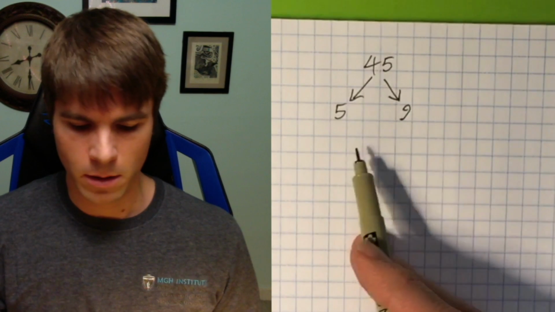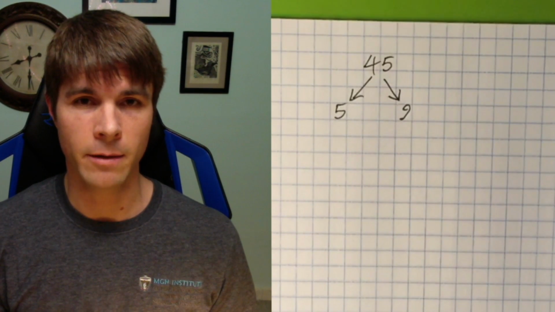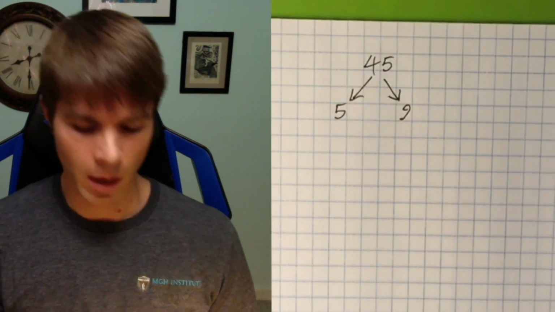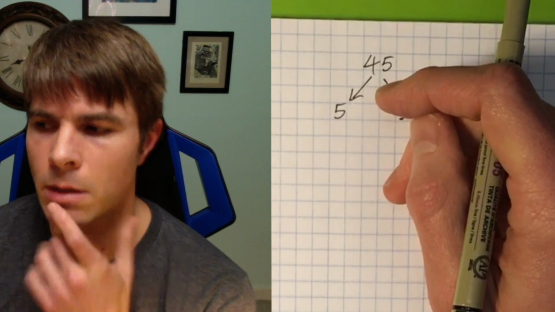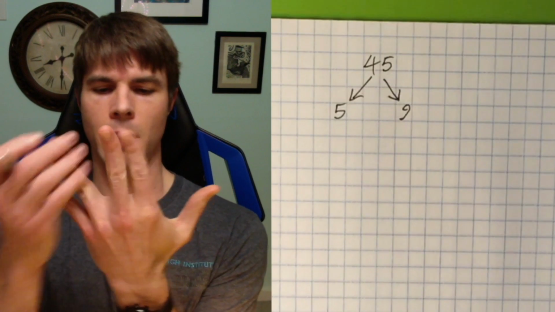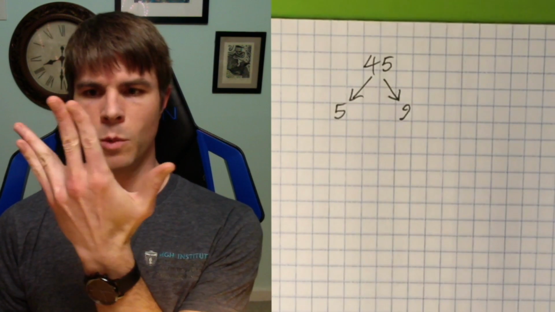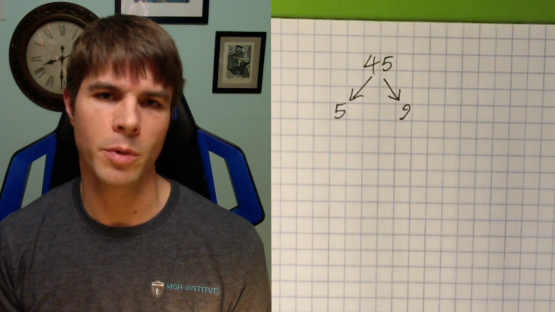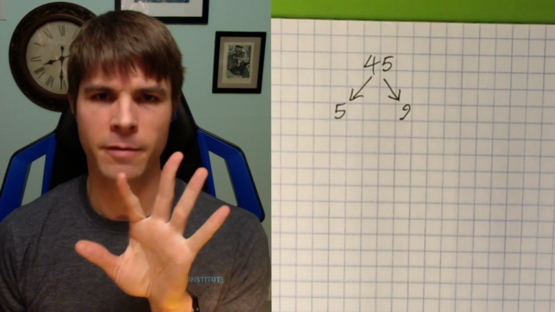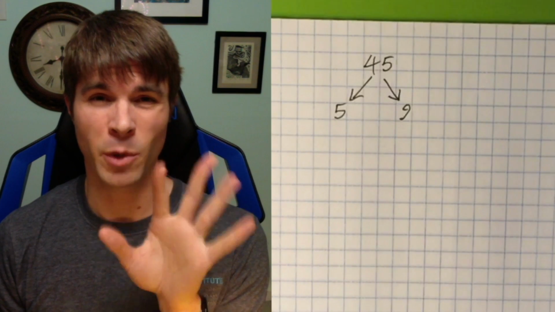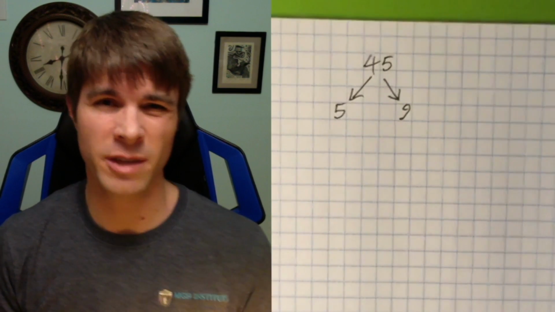And then I want to break these into equal groups if I can, groups of the same size. Can I break 5 down into anything? I can get two groups of 2 and a group of 1. Well, 1 isn't a group, it's just 1. So I can't break 5 down any farther unless I break it into fractions and decimals, and I want to keep my fingers together.